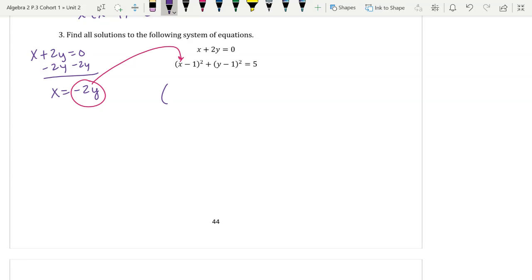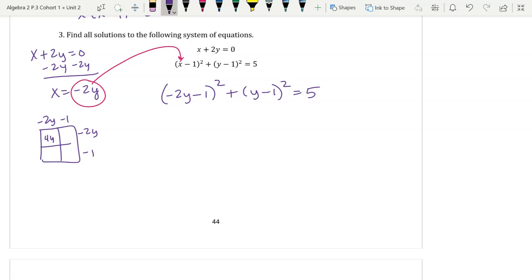So my equation for this circle is going to become negative 2y minus 1 squared plus y minus 1 squared equals 5. So for both of these, I'm going to have to make some boxes and do some multiplying, right? So let's make some boxes and do some multiplying. Negative 2y and negative 1.